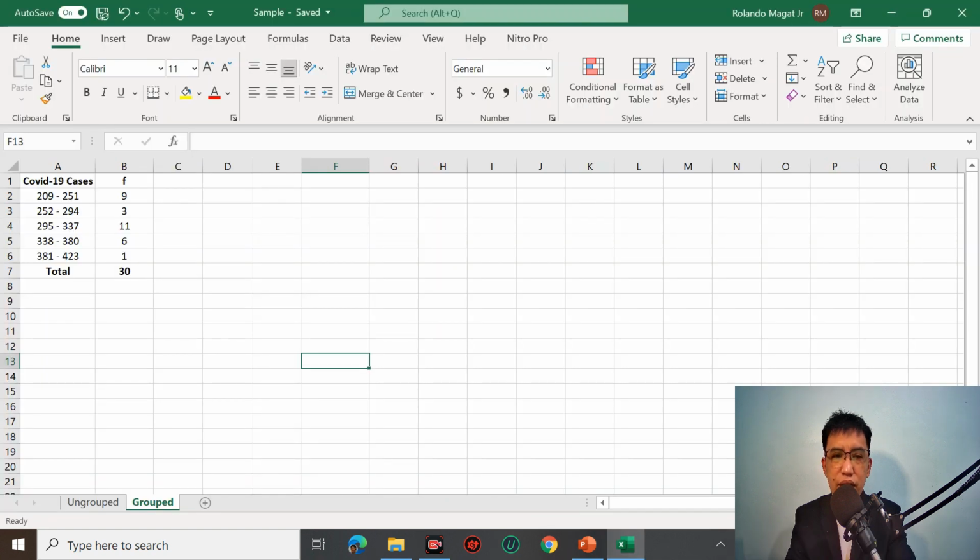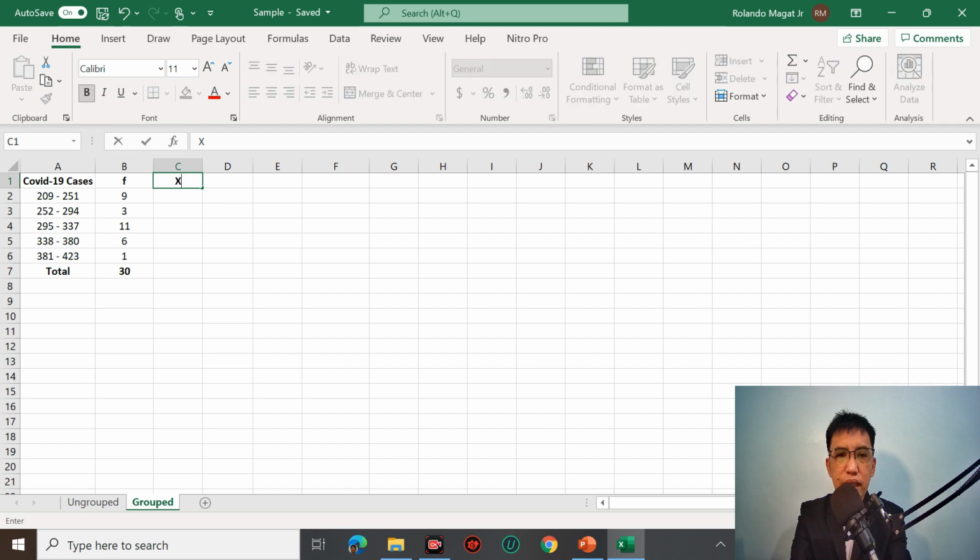I have here a table already in Microsoft Excel. First things first, we need to construct a column for the midpoint. Let's name the midpoint capital X sub m.